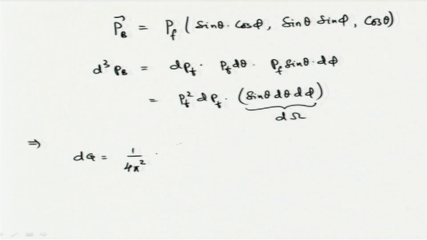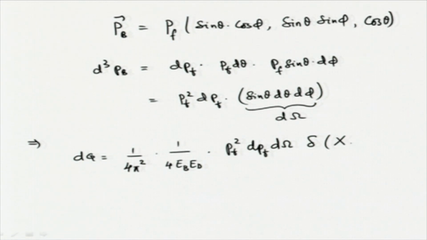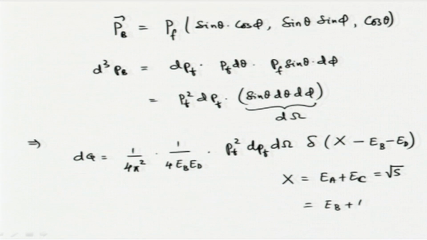Let me write it in this fashion: 1 over 4 E B E D, P F square d P F d omega, delta of x minus E B minus E D, where x is equal to E A plus E C, the initial energy, which is equal to root S, and by this delta function, it is also equal to E B plus E D.